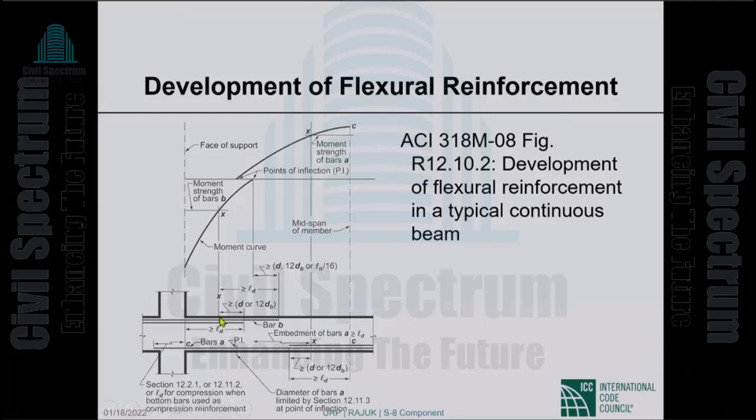Okay, so here the other bars are theoretically not required, but the bars that are continuing have to be fully developed. Okay.